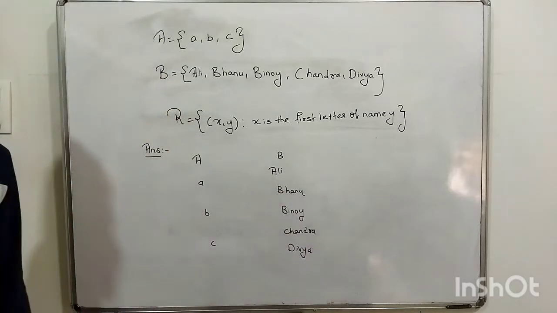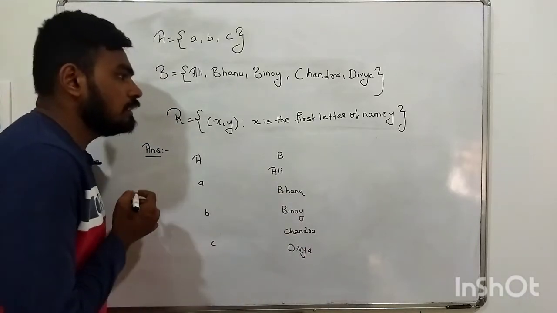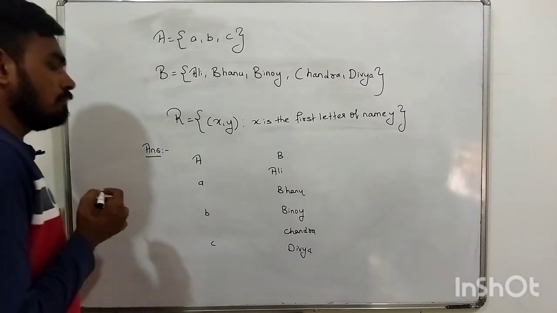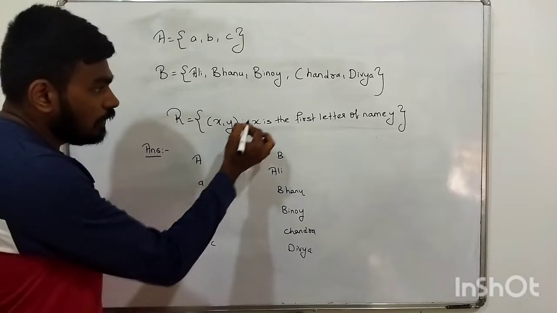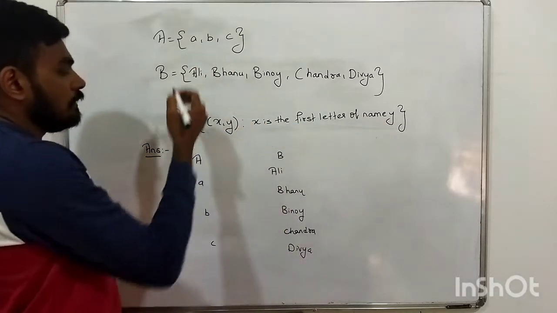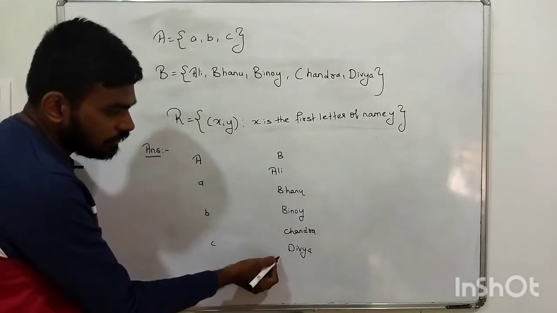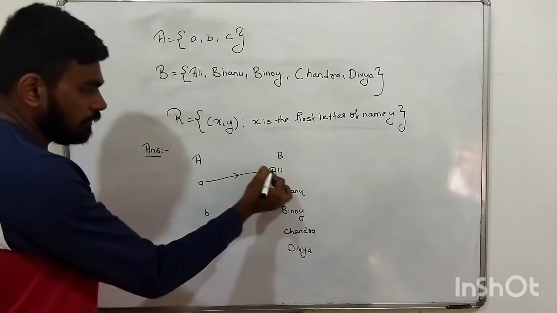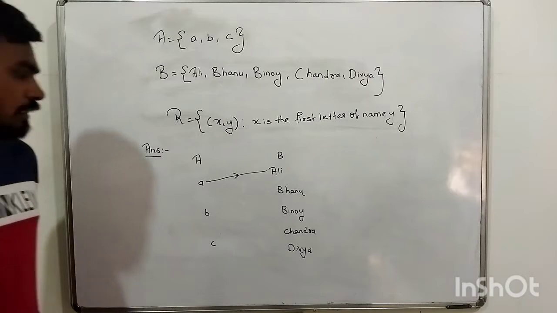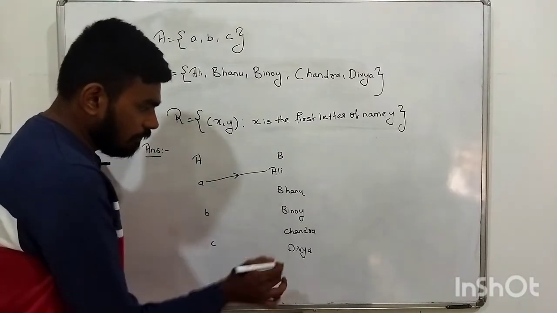Now let's see which pair satisfies this property. x is the first letter of name y, so a is the first letter of which name here? Obviously Ali. So we can make a pair with this. Similarly a can't make a pair with any other.